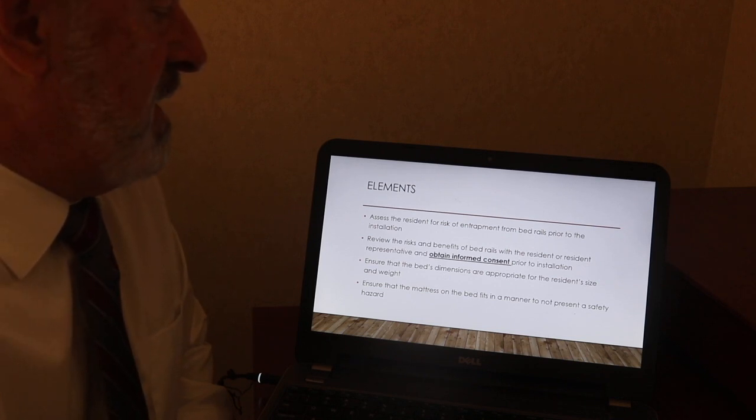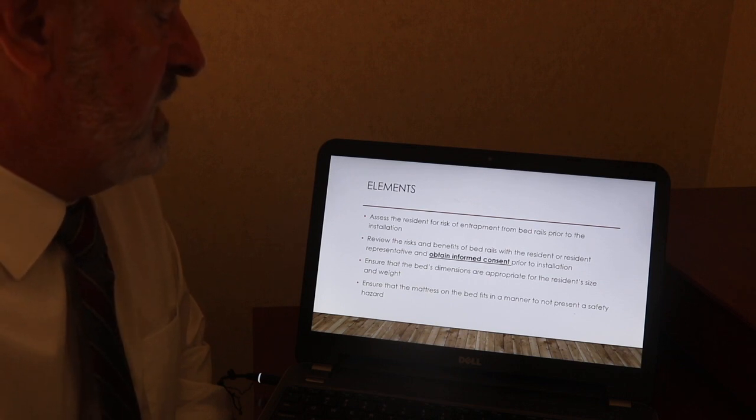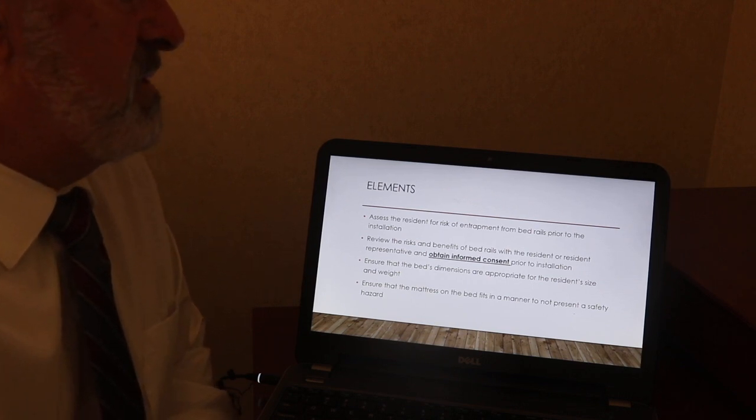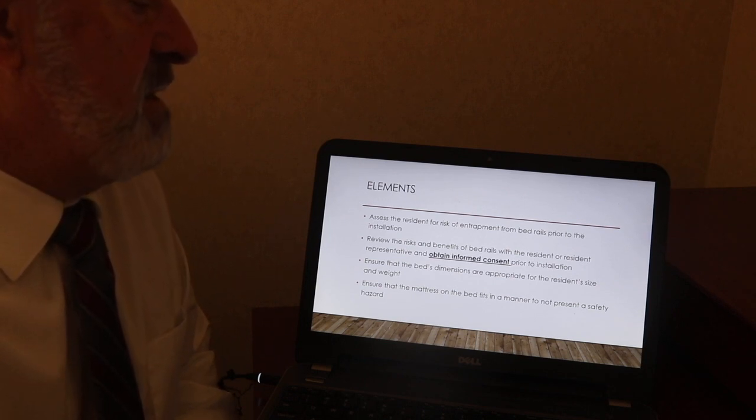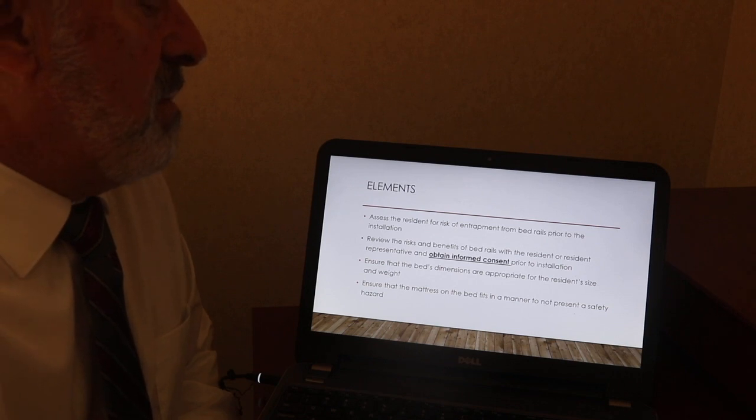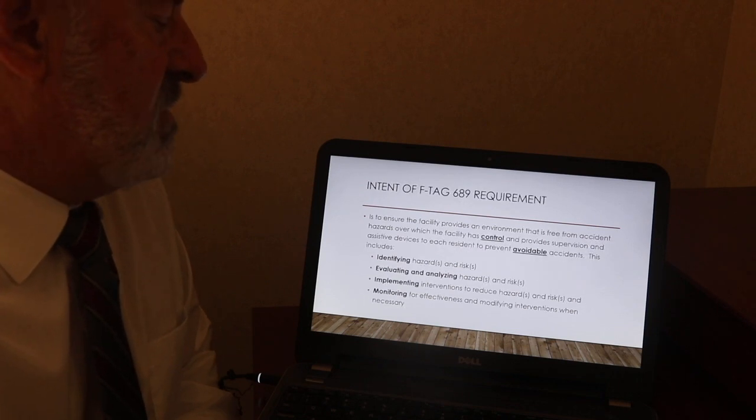Review the risks and benefits of the bed rails with the resident or their representative, and obtain informed consent prior to the installation. Ensure that the bed's dimensions are appropriate for the resident's size and weight. Ensure that the mattress on the bed fits in a manner to not present a safety hazard.